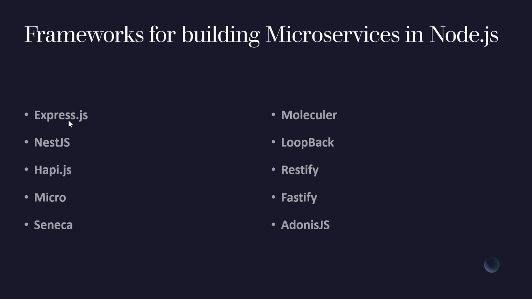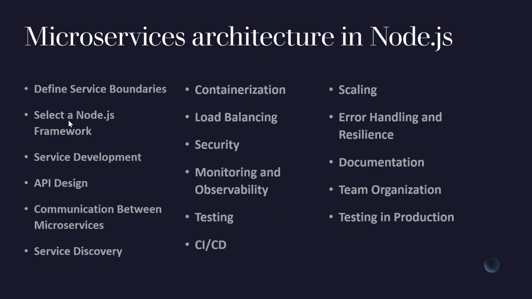As the name suggests, Fastify is a web development framework known for its speed and low overhead. And the next one is Adonis.js. Adonis.js is a full stack web framework for Node.js that provides features for building APIs as well as microservices.